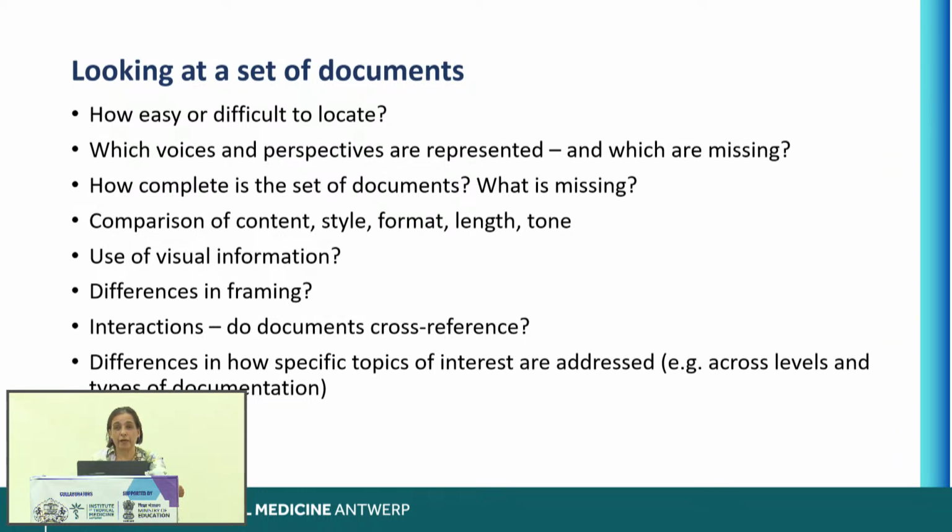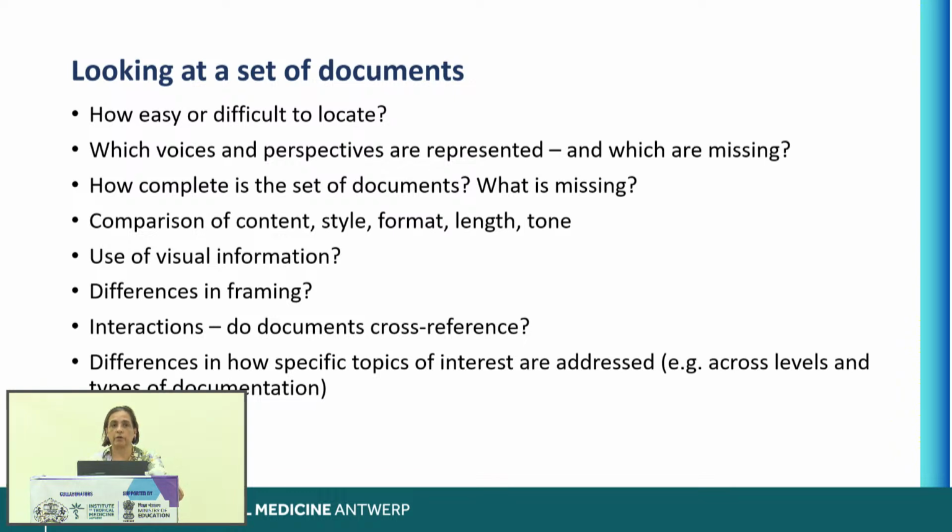Any difference in framing and interactions are also interesting, because then you get a sense of the network. Who is colluding with whom and who's conflicting with whom, because the documents may cross-reference other actors. And then there are differences in how specific topics are addressed across levels or types of documentation.